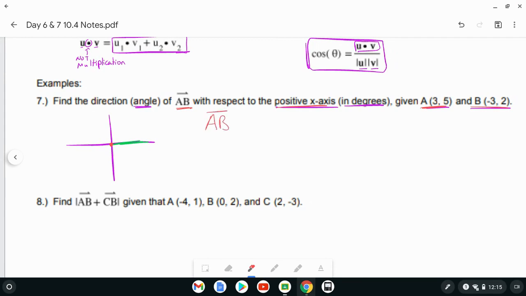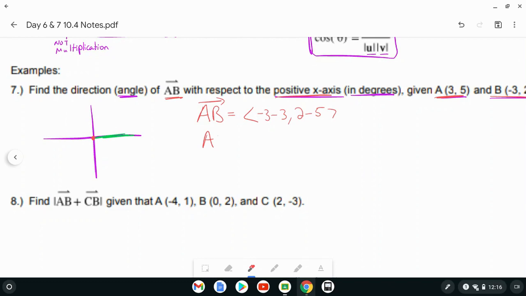So vector AB, remember we can find by doing x2 minus x1, y2 minus y1. If we do that, we get vector AB is (-6, -3).